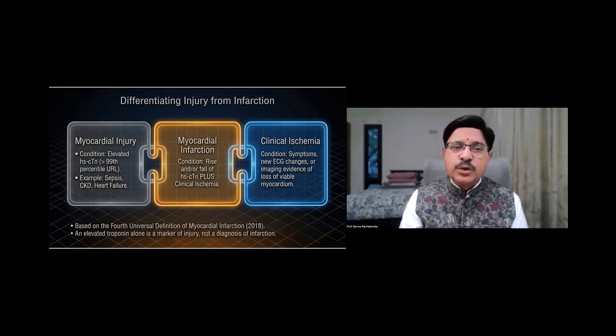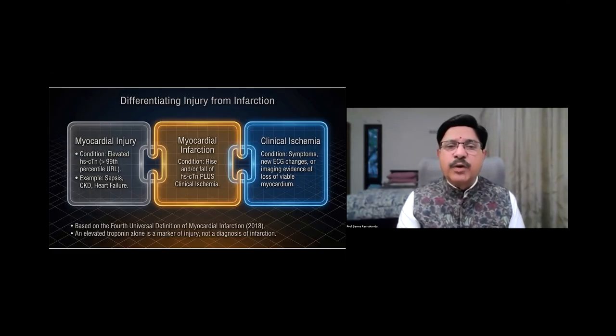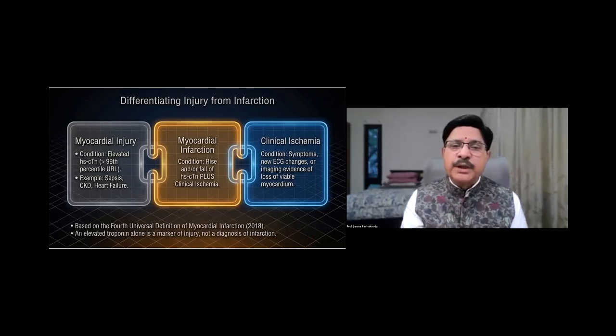Injury can occur in sepsis, in CKD, in heart failure. That means the troponin will be elevated in these conditions where there is no actual cell death. It's only myocardial injury. Myocardial infarction is a rise and/or fall of the HS troponin plus ongoing clinical ischemia.